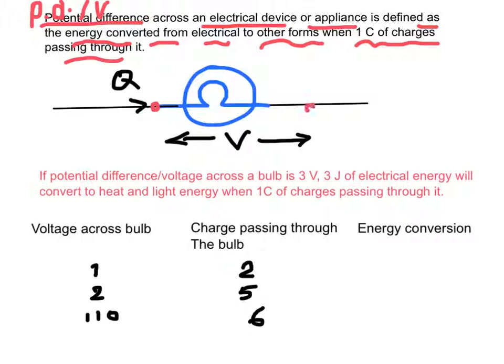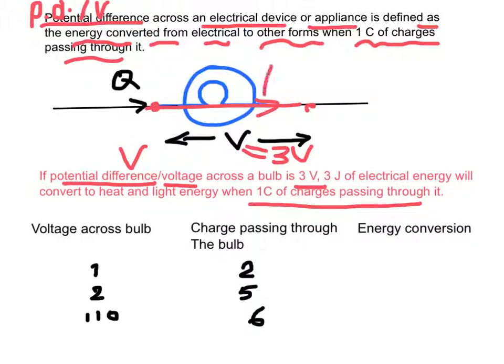If the potential difference or voltage V across a bulb is 3 volts, that means when 1 coulomb of charge passes through the light bulb, 3 joules of electrical energy will be converted to heat and light energy.